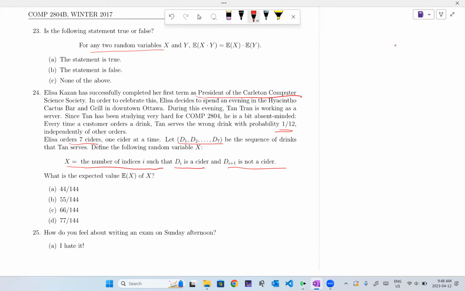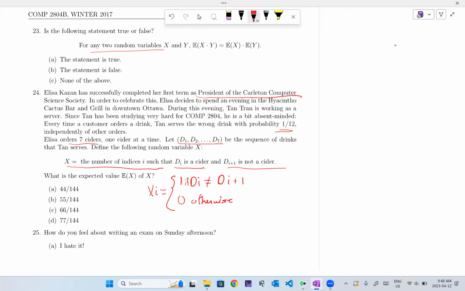So the number of times she gets the drink right, followed by the drink wrong. Okay, so then in some sense, we could just say this is D_i is not equal to D_(i+1). Use random variables. So X_i is equal to 1 if they're not equal, so I want to count these events, and 0 otherwise.